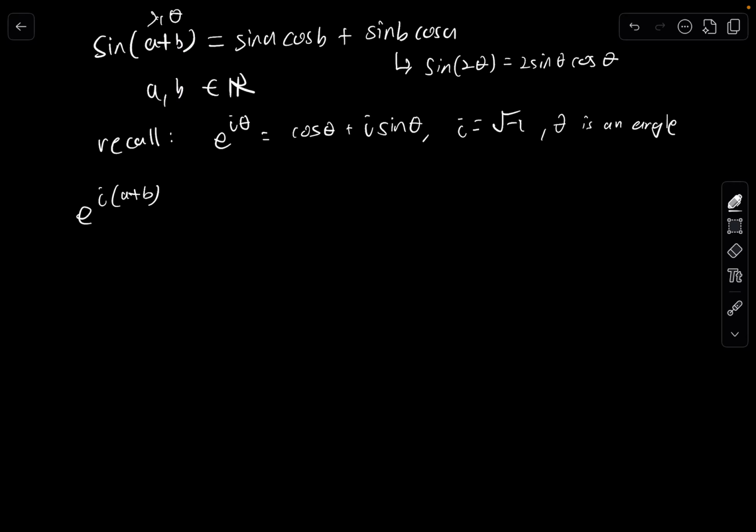It's just broken into a sum. And this will therefore equal cosine of (A plus B) plus i sine of (A plus B), plugging in theta as A plus B.